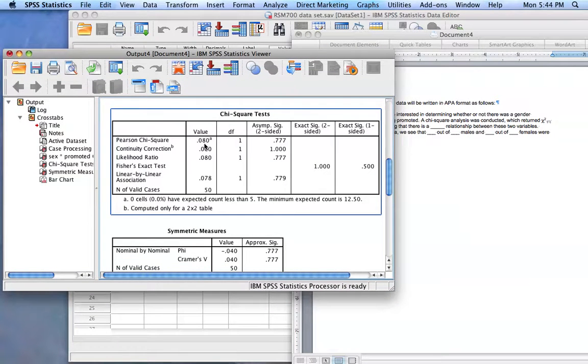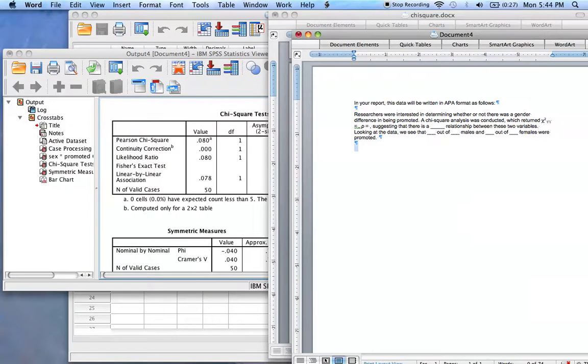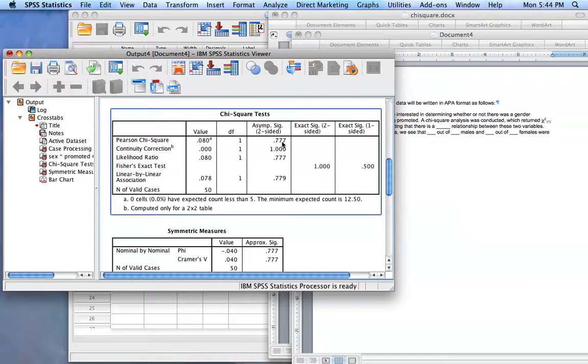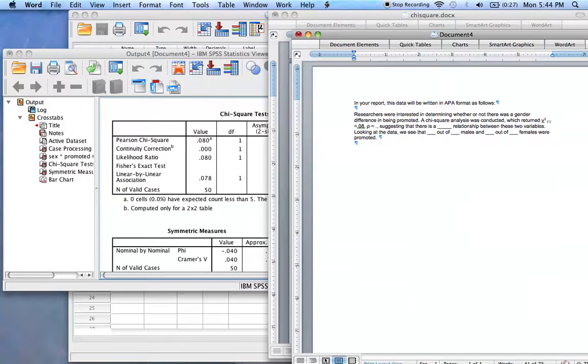The value is 0.08, so we're going to write that right after the equal sign. And the p-value is 0.77. So that suggests that there is not a significant relationship between these two variables.